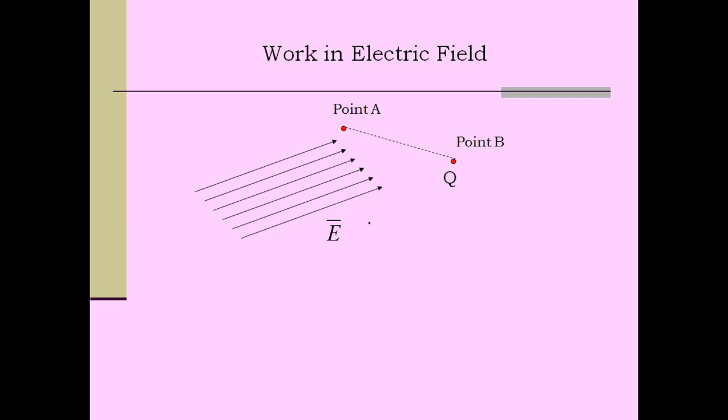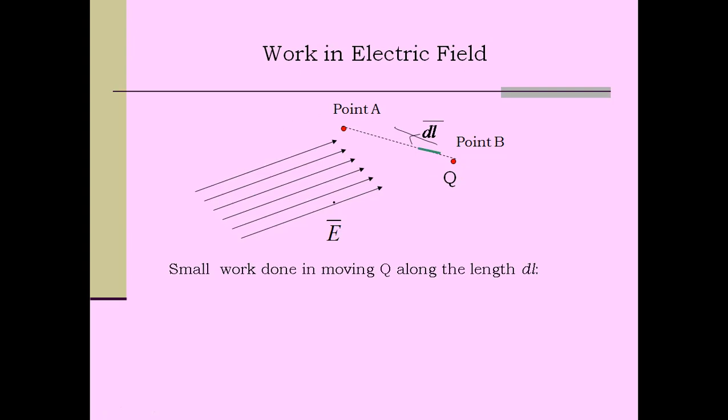For example, if we consider that we have a point charge Q, and the charge Q is said to be moved from point B to point A, we assume that within this movement there is an electric field intensity E which exists. So the point charge Q is moved from point B to point A in the existence of the electric field.